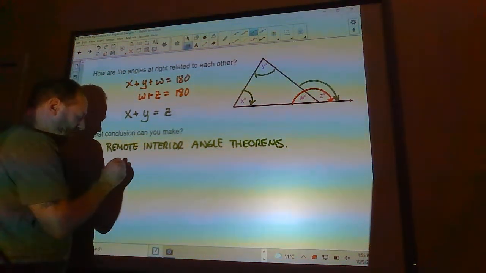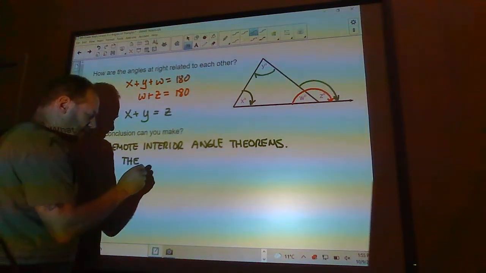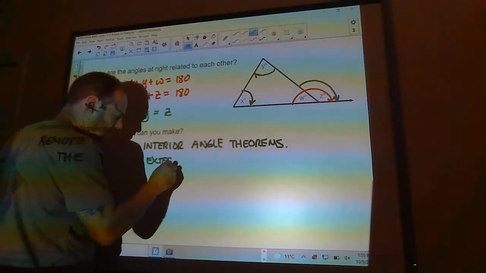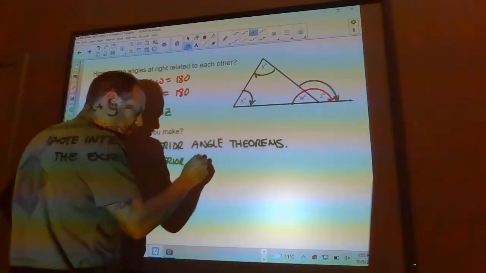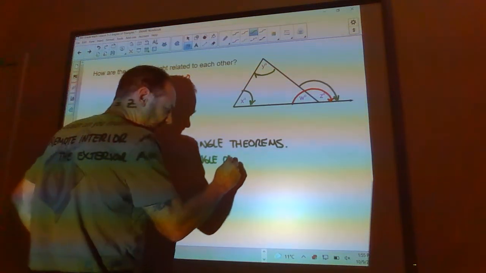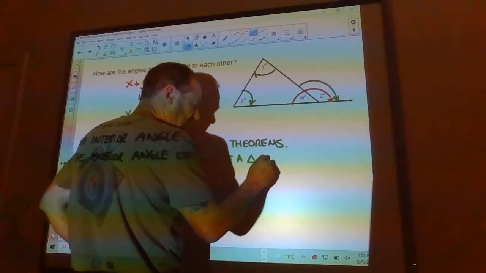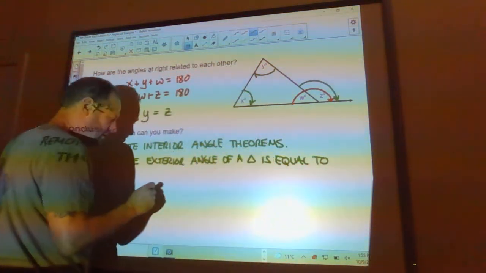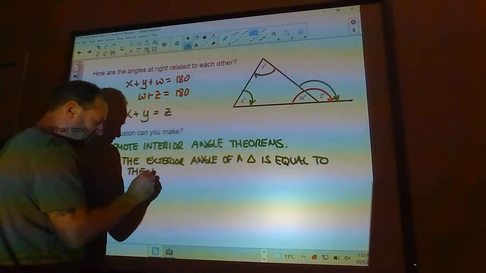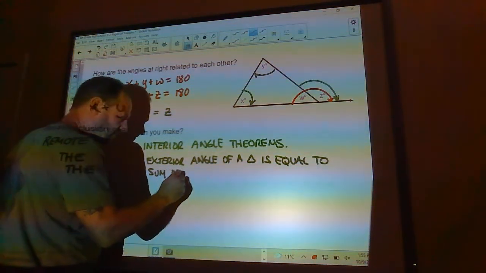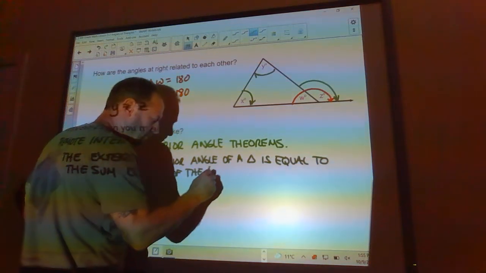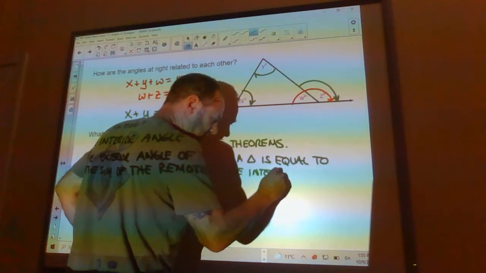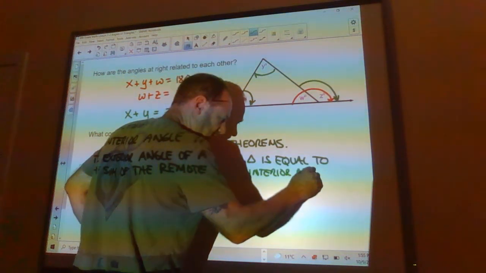That the exterior angle of a triangle is equal to the sum of the remote interior angles.